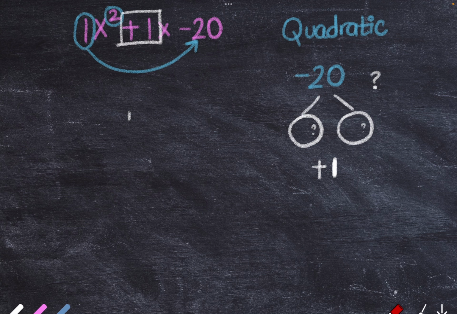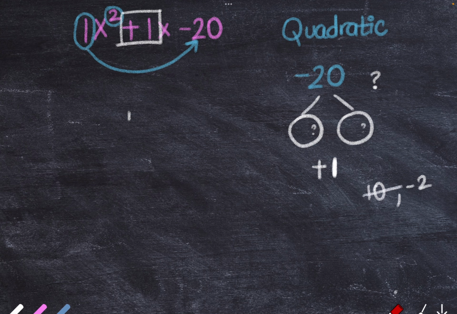So let us think about different numbers which when multiplied give me negative 20. I can think about 10 times 2 gives me 20, so 10 times negative 2 maybe. So 10 and negative 2 could be my numbers. 10 times negative 2 will give me negative 20. But does 10 minus 2 give me 1?